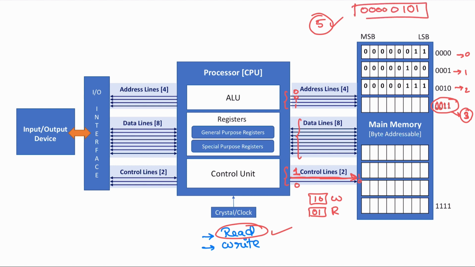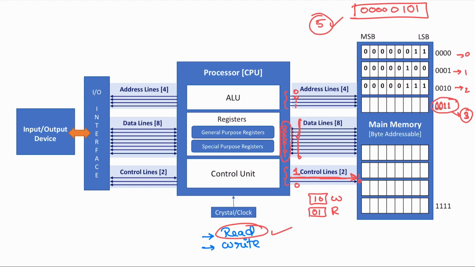We will be writing this thing here, so this is 0 0 0 0 0 0 0 0 0 1 0 1, right? So now data lines will have this particular value 5.